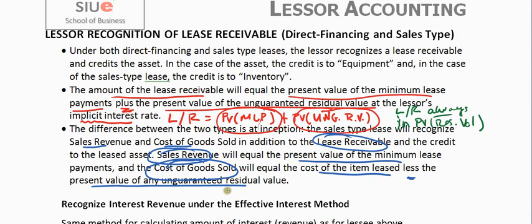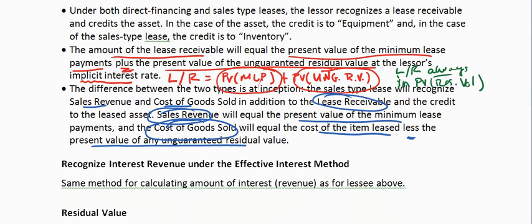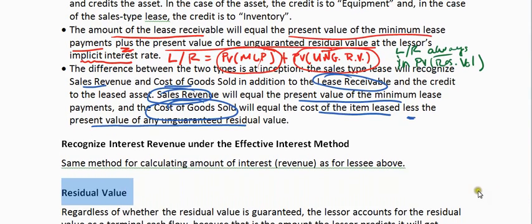So that is quite a mouthful. You're really going to need to see that in action. But let me just say, if you have a sales type lease, really the only tricky part is determining sales revenue and cost of goods sold. Okay? And when we get to the example, we'll go over that.